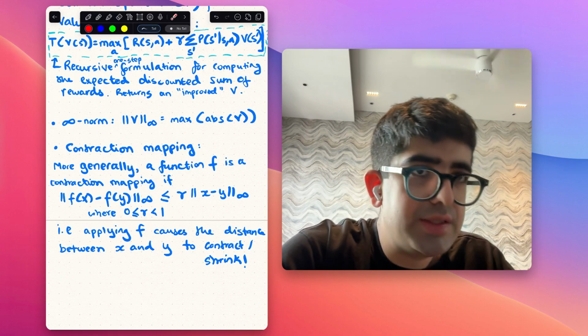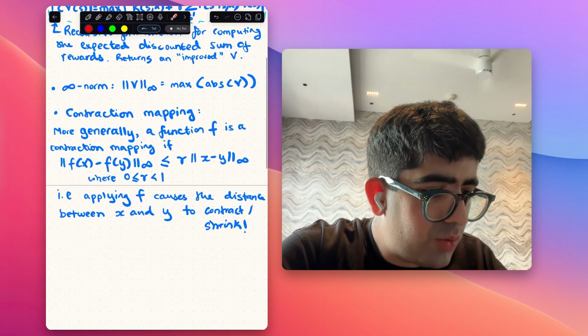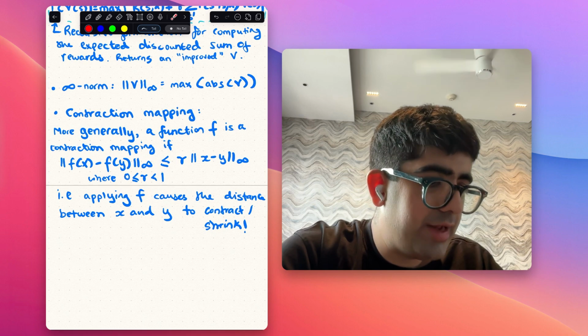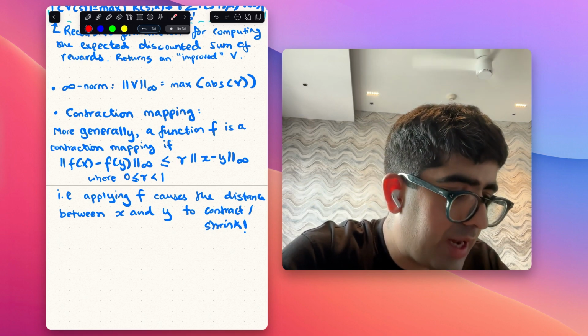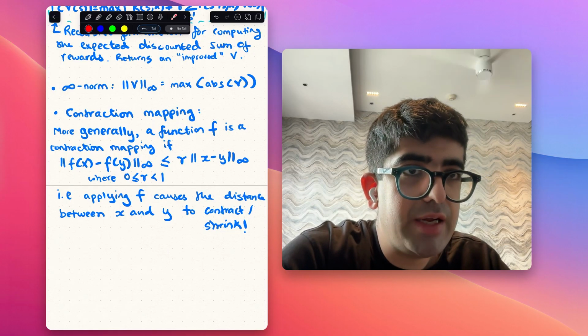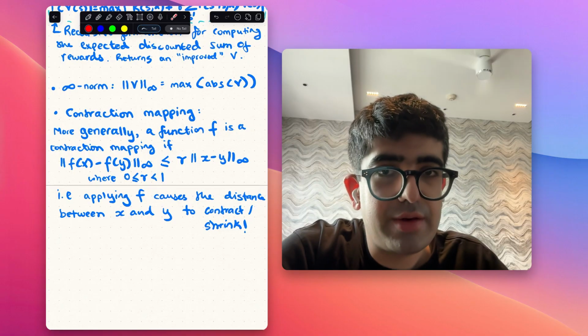And here gamma is between 0 and 1. And hence, what the contraction mapping definition tells us is that applying a contraction mapping f causes the distance between its inputs x and y to continuously contract and shrink.